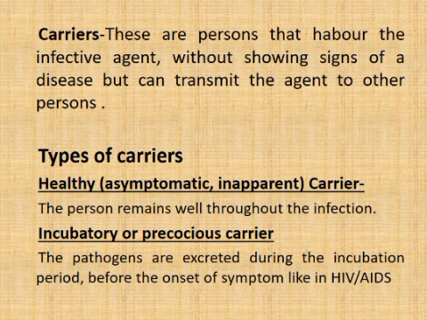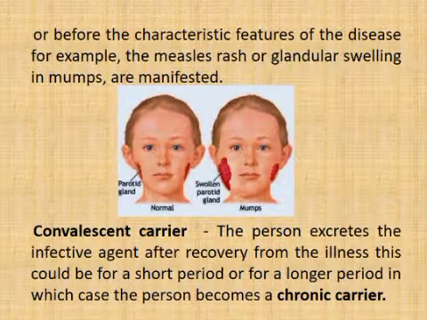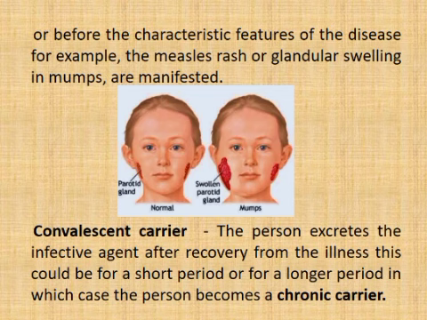Incubatory or precocious carrier. The pathogens are excreted during the incubation period. What is incubation period? It is the period from infection to the period of manifestation of the infection, before the onset of symptoms, like in HIV/AIDS, or before the characteristic features of the disease.